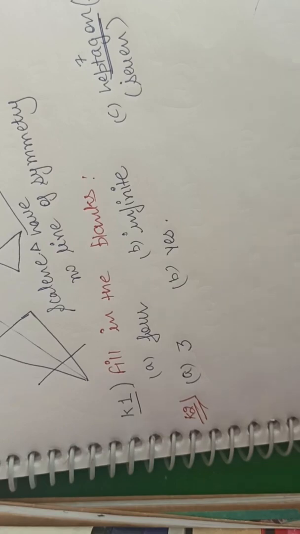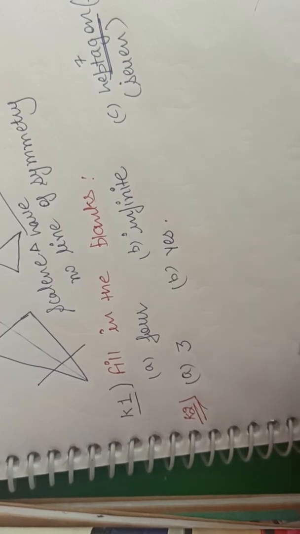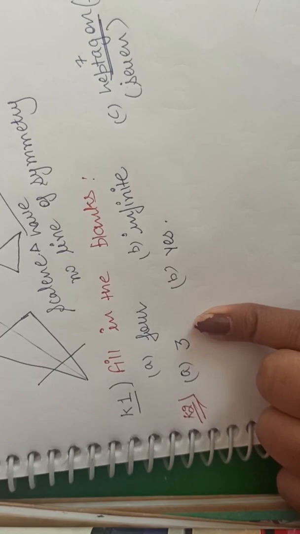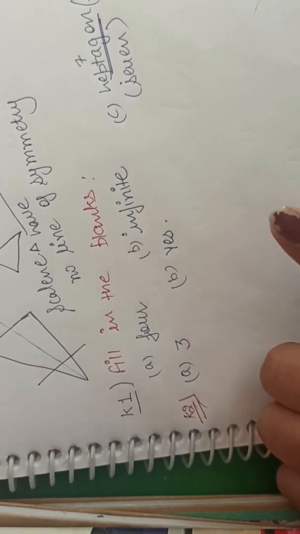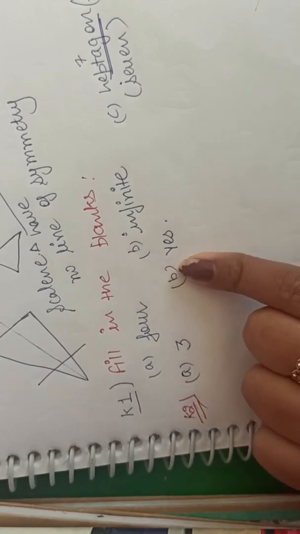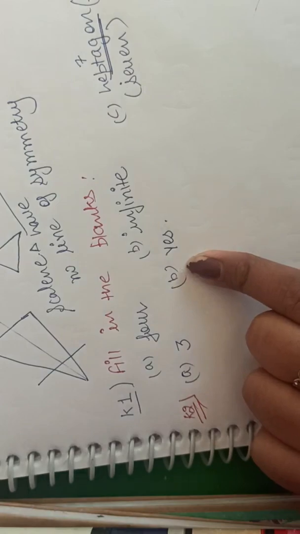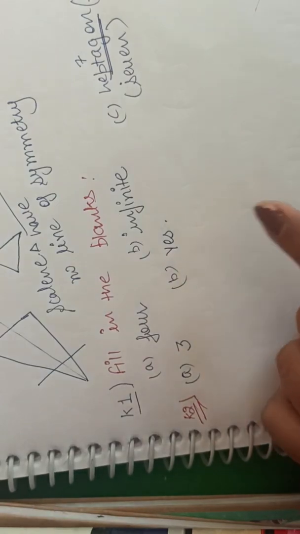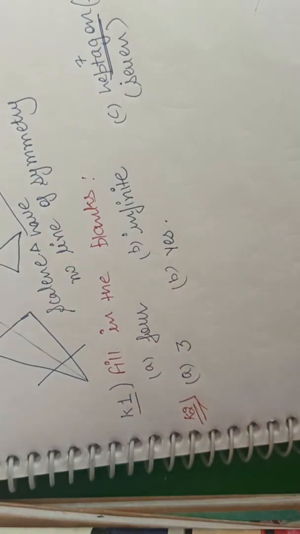Clear? Now you can write the reason yourself in your own words. In the A part you will write that in a regular polygon, the number of lines of symmetry is equal to the number of sides. In the B part you will write that the diameter divides the circle into 2 parts. That's why we take the diameter as a line of symmetry, right?